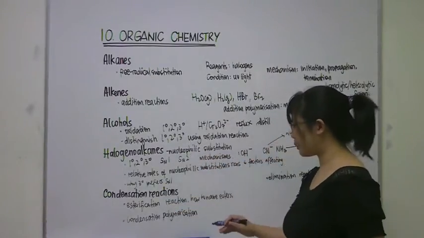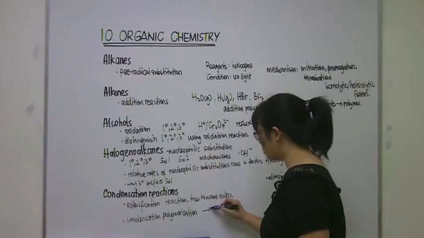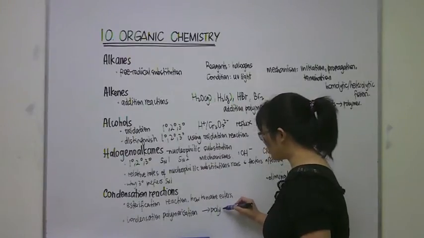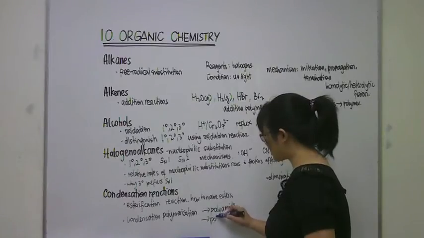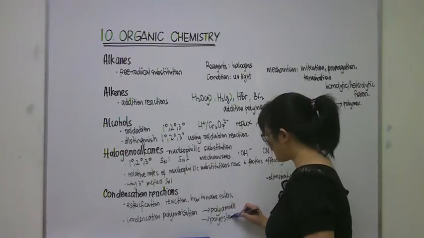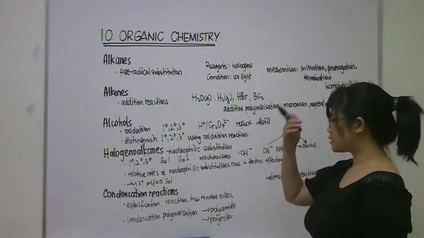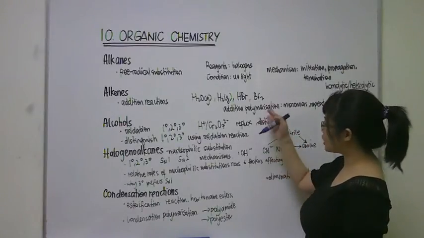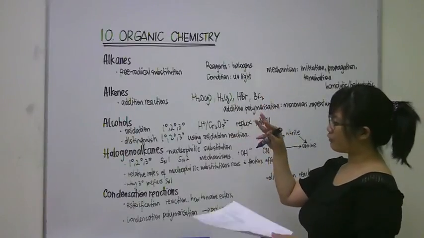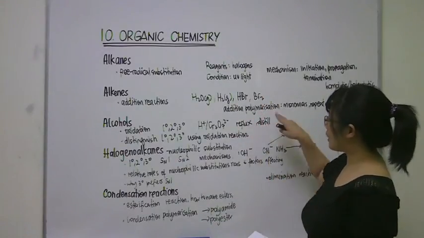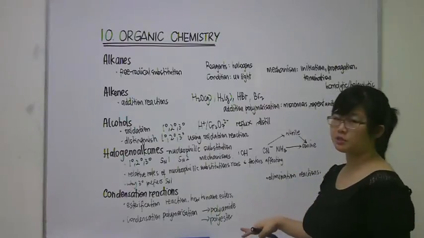So in condensation polymerization specifically, you need to talk about two types of condensation polymers, polyamide and polyester. Okay, and how you can form this. Okay, so you need also to make reference to addition polymerization and what are the characters of your monomers that allows for addition polymerization or condensation polymerization.